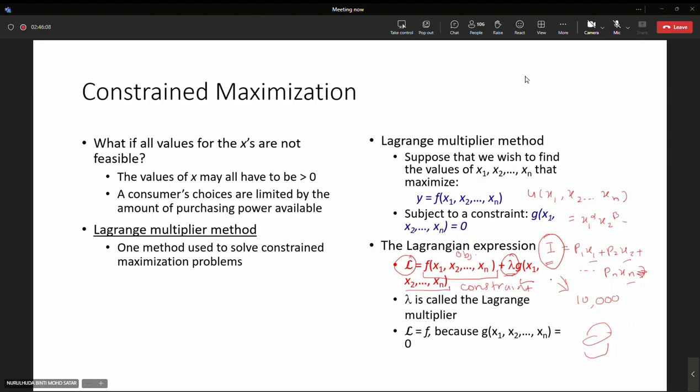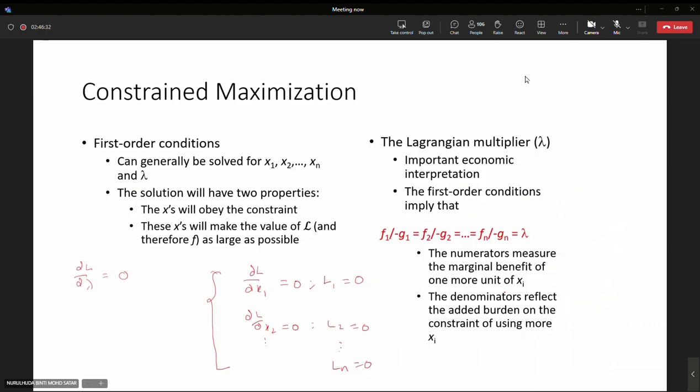But what if there is an increase or decrease in income? How that will change the optimal utility could be evaluated by looking at lambda.